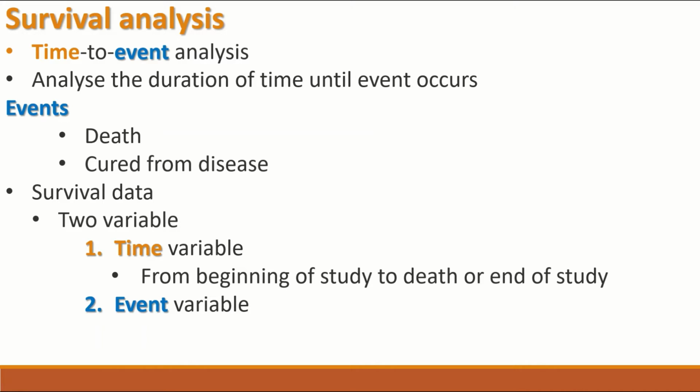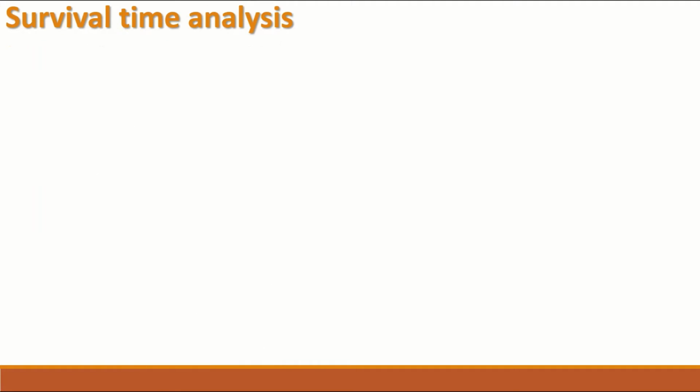The second variable is the event variable, which in this case can be death, given a value of 1 and it is failed, or a value of 0 which is censored.